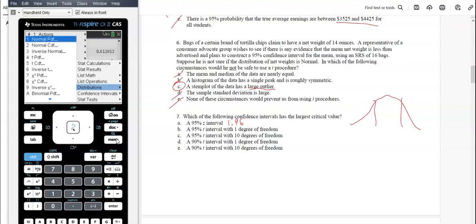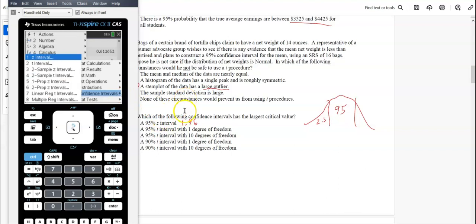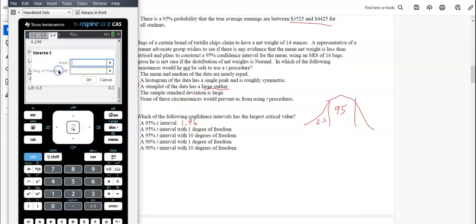For the T critical value, you have to draw it at 95%. There's going to be 2.5 right there. So if you go inverse T, okay, so distributions, inverse T. So if we go 0.975, degrees of freedom would be 1.